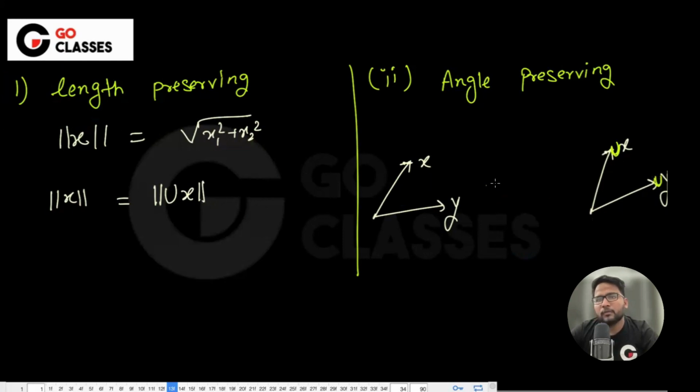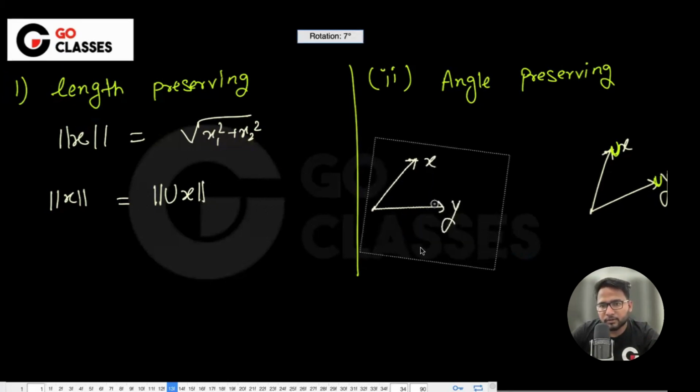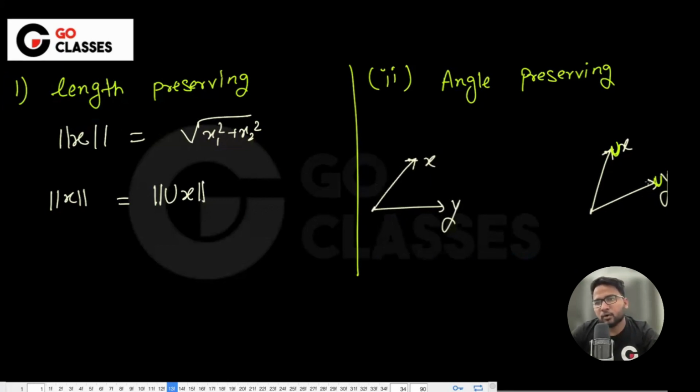Ux and uy will be slightly rotated, maybe with whatever angle, but the angle between x and y will not be changing. Suppose this is x, this is y, the rotation will happen, but the angle will not change, which means if this angle is theta, this is also theta. This is not true for any arbitrary matrix, but it is true for an orthonormal matrix.